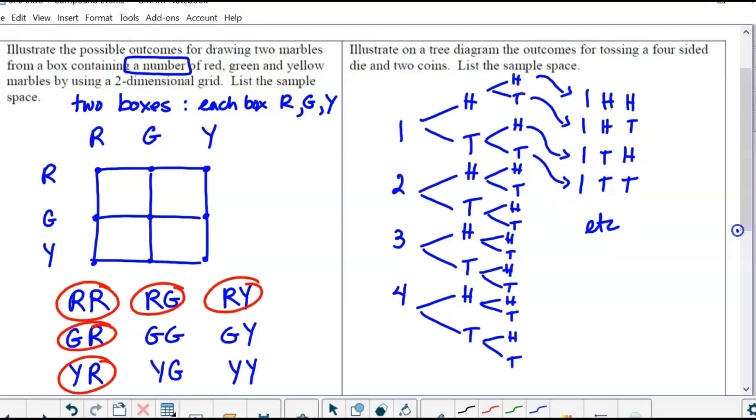There's 4 times 2 is 8, times 2 is 16. You look at how many in each part here, so we're really multiplying together. You can count them up: 2, 4, 6, 8, 10, 12, 14, 16.